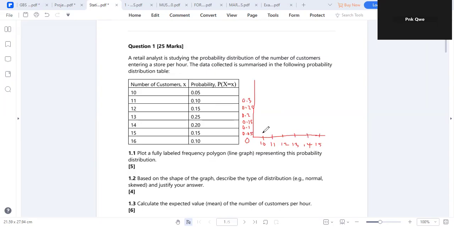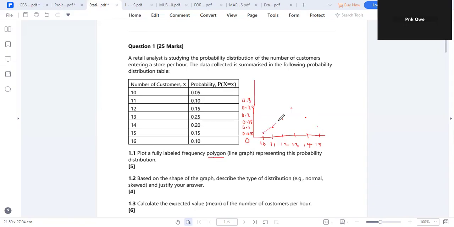Put it here. 11 against 0.10? Put it here. 12 against 0.15? Put it there. 13 against 0.25? There. 14 against 0.20? Put it there. 15 against 0.10? Put it there. Okay? So draw a frequency polygon.